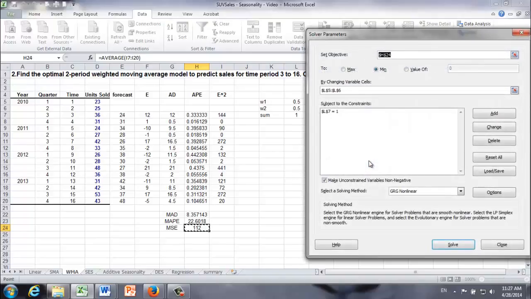That's it. And we check this box to make sure W1 and W2 are non-negative. Here, be careful: we're going to use the GRG Nonlinear method, because in MSE we have squared errors, so we have square terms. A better way to do that is to use the nonlinear method. That's it. Let's click and solve it.